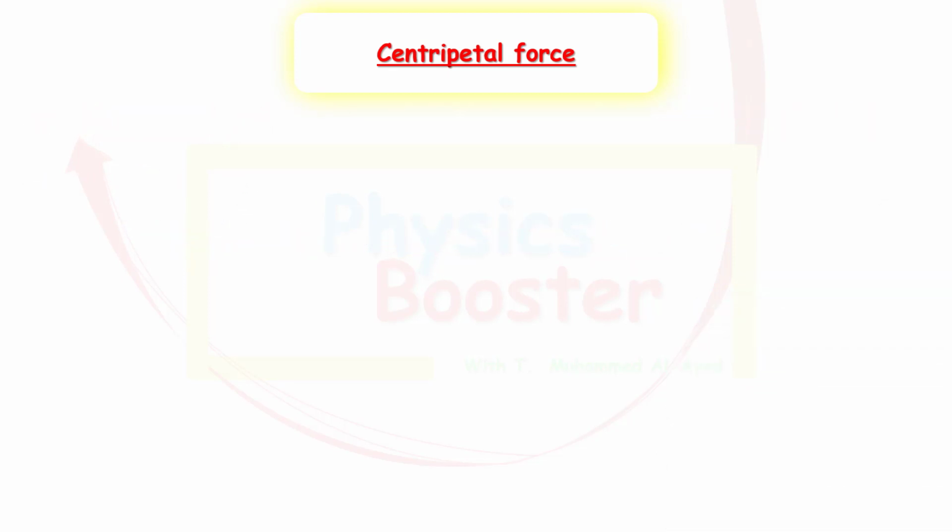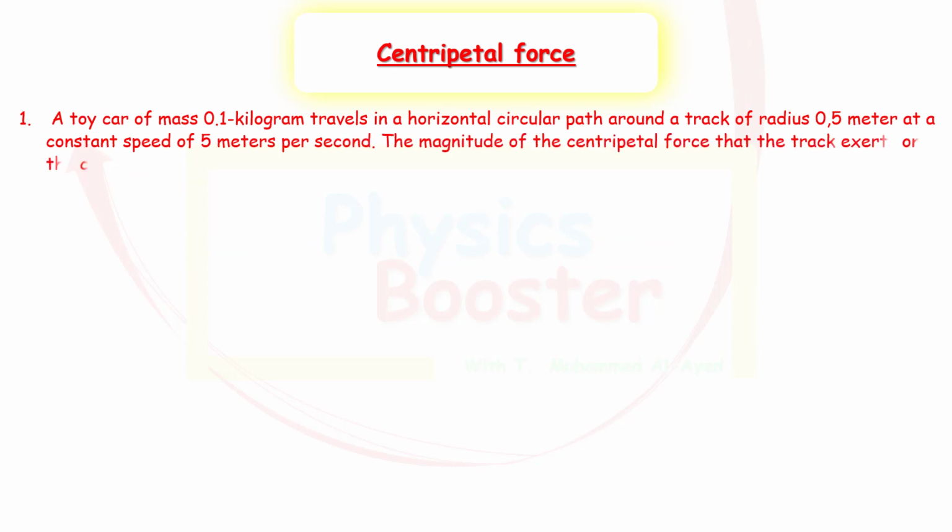Okay, now let's solve some problems. Question number 1, it says that a toy car of mass 0.1 kilogram travels in a horizontal circular path around a track of radius 0.5 meters at a constant speed of 5 meters per second. The magnitude of the centripetal force that the track exerts on the car is, so it's asking me to find Fc, or the centripetal force.